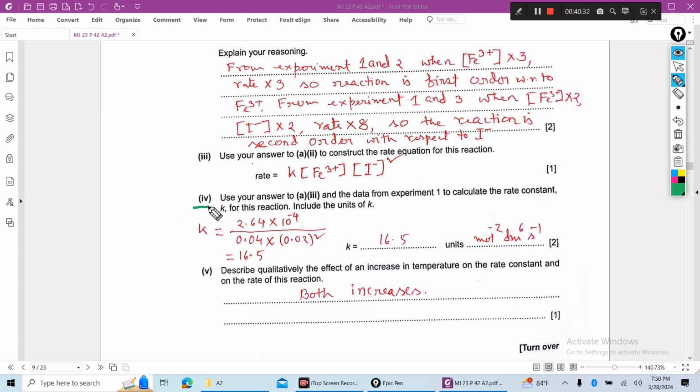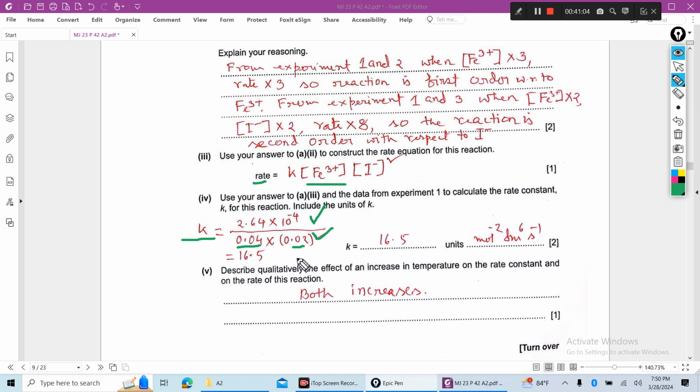So 4, use your answer to A3 and the data from experiment 1 to calculate the rate constant k for this reaction. Include the units of k for experiment 1. So k equals rate, which is given, concentration of iron(III) from experiment 1 is 0.4, and concentration of iodide ion 0.02 squared.